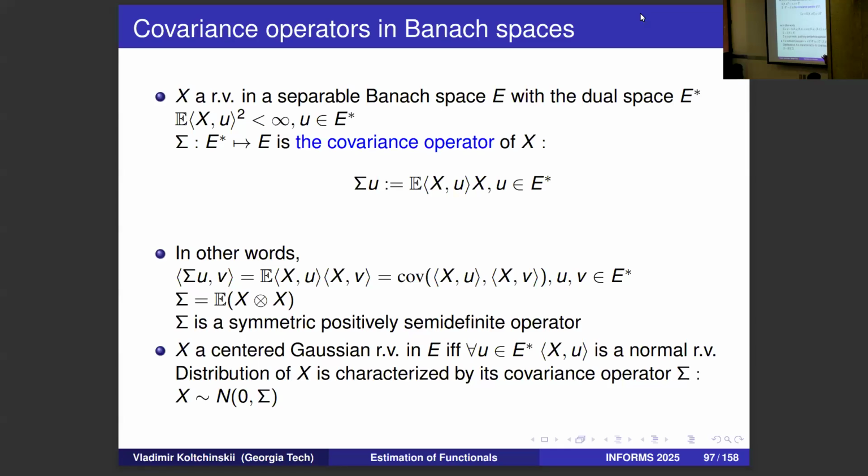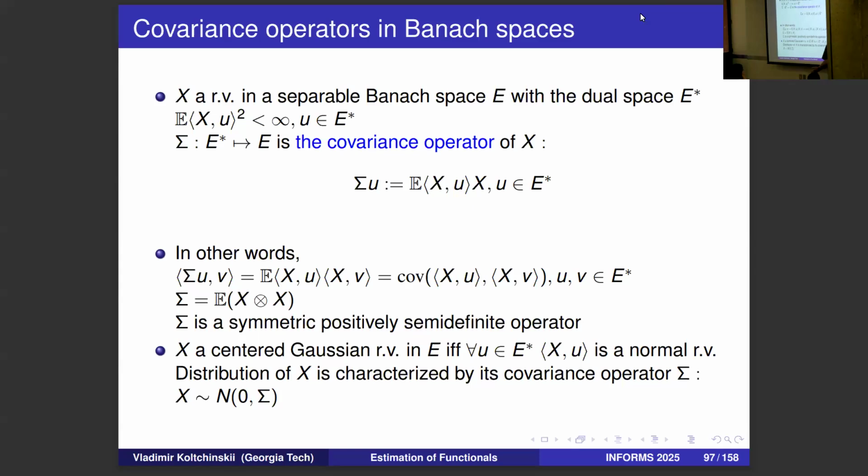Okay, X will be a random variable. It will be a centered random variable in a separable Banach space. In fact, we will assume always that it's a normal random variable, or a Gaussian random variable in infinite dimensional spaces. We do not say normal, we say Gaussian, okay? A Gaussian random variable in our Banach space with mean 0 and covariance operator sigma.